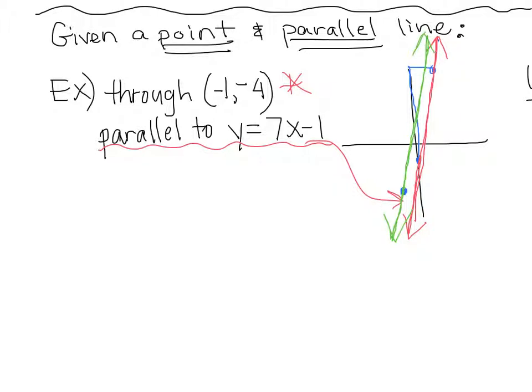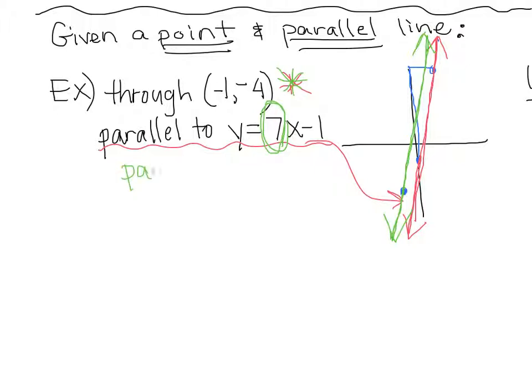It cannot touch the red line. It'd have to be parallel to it, but it has to go through that given point of negative 1, negative 4, okay? So what you might guess is that they have to have the same slope, that same rise over run pattern. If they both go up 7 over 1, then they will never ever touch, okay?